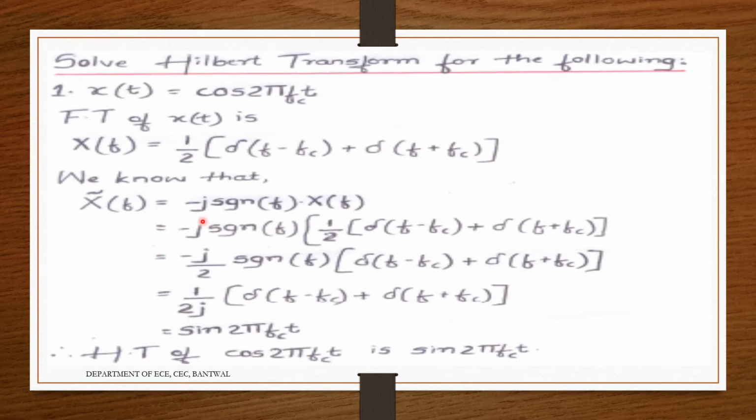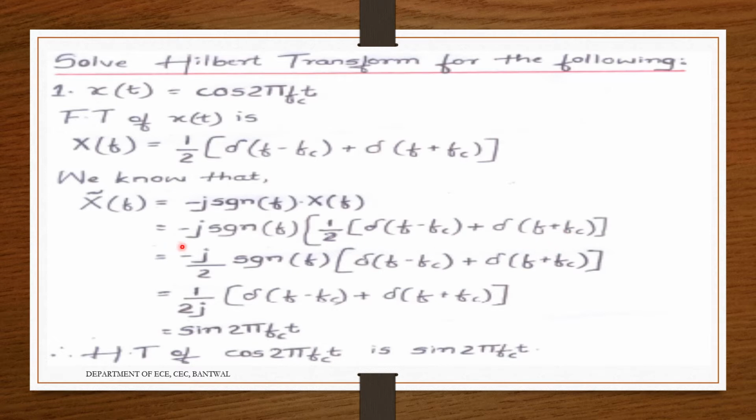That is nothing but minus j signum of f into capital X of f, and this is what we studied in video 1. Now, minus j signum of f, I substitute the value of capital X of f here, into half into delta f minus fc plus delta f plus fc.